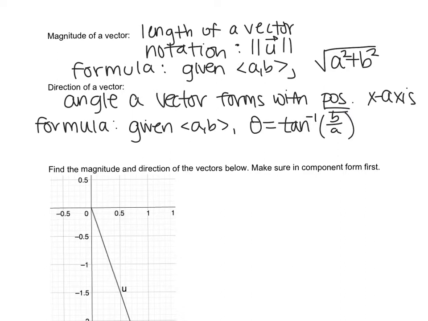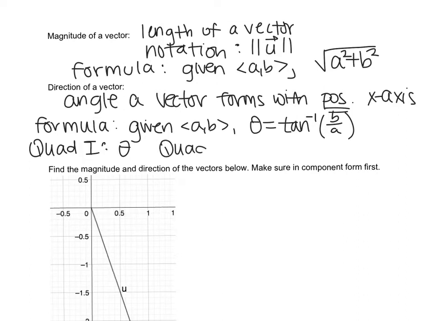Now, our vector is not always going to be in quadrant 1, and this formula does not help us if our angle is not in quadrant 1. So the way we find that angle: if we are in quadrant 1, we just use theta, which is tangent inverse of b over a.